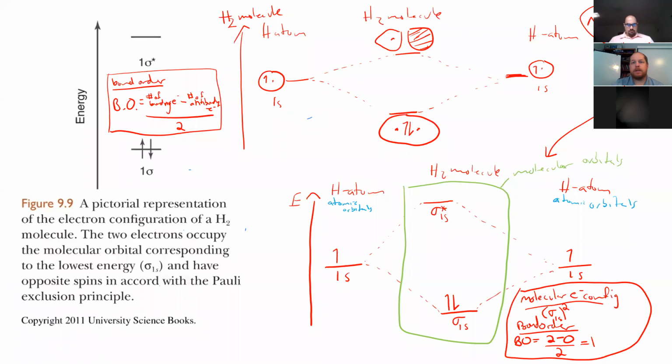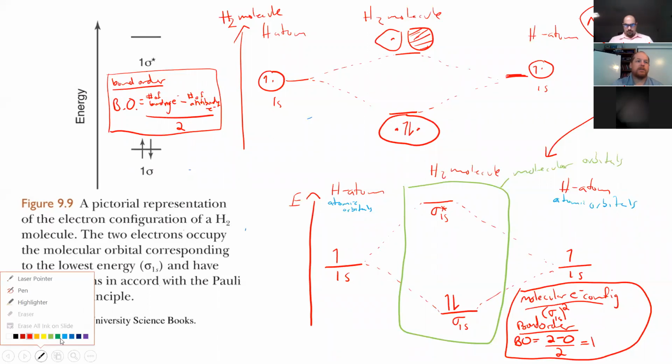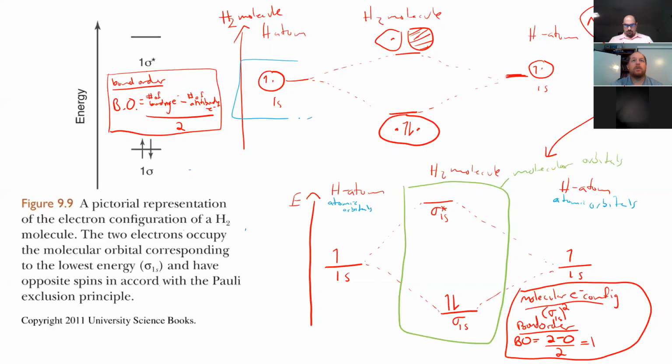Something to note as we've constructed these is when we look at the actual orbitals themselves, the pictures of those orbitals. Over here we've got our 1s orbital from one atom, and that corresponds to this 1s orbital here, but it's a pictorial view of it.